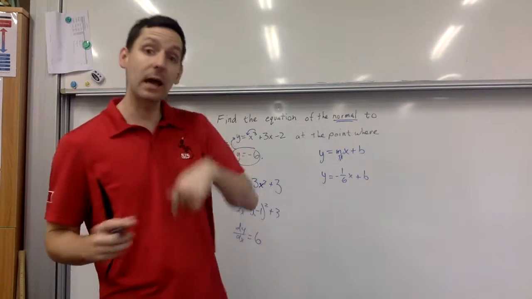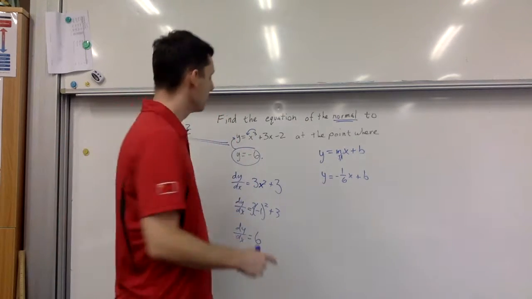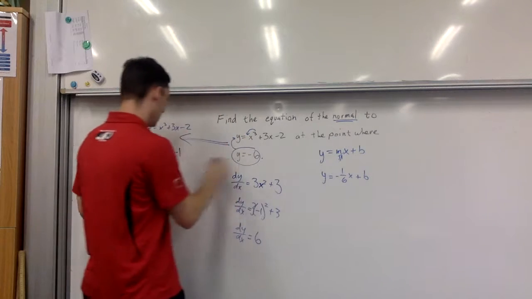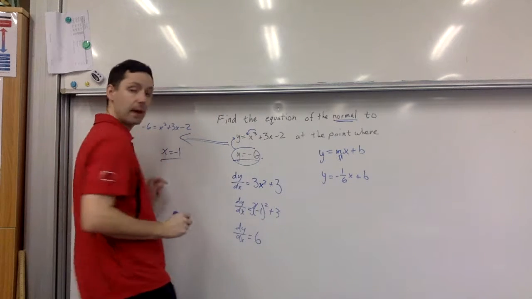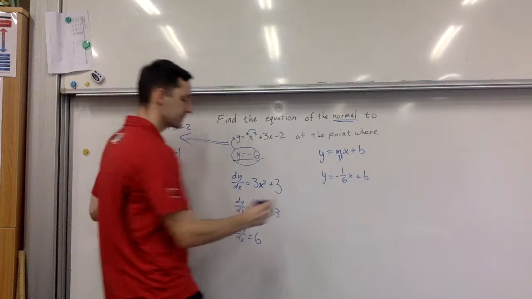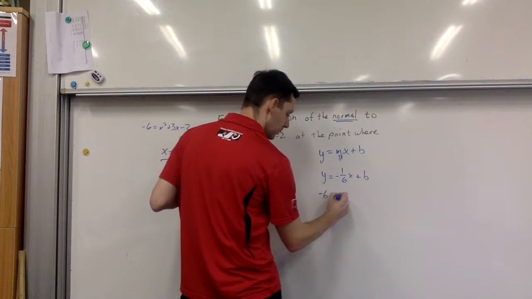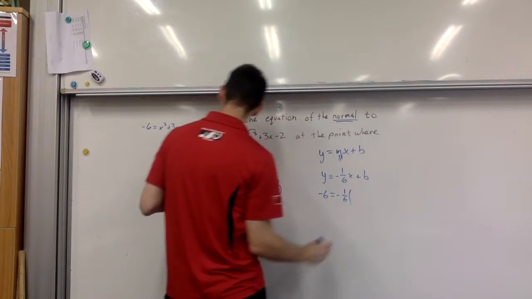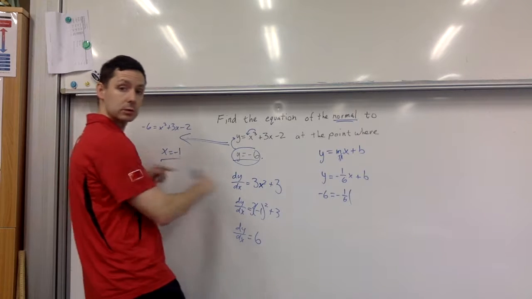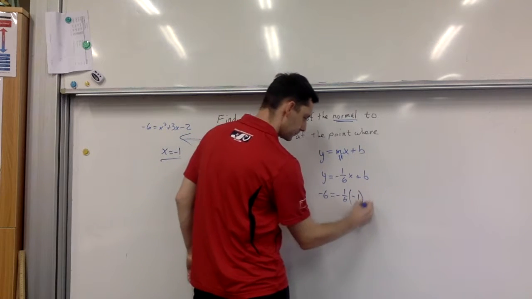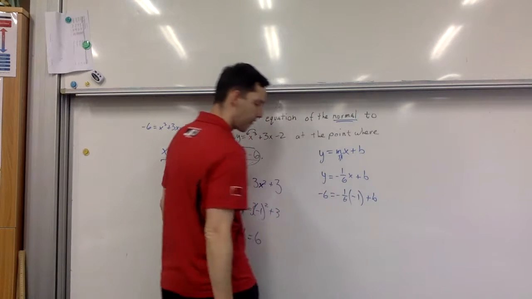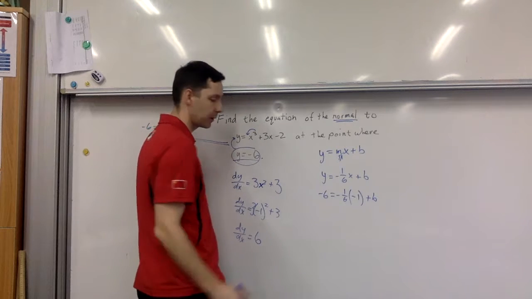I already solved for x and y in that function. So when y was -6, x was -1. I'm going to put that in, plus b.